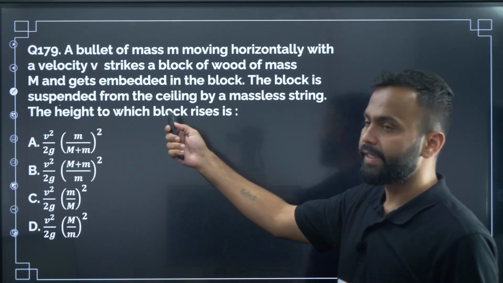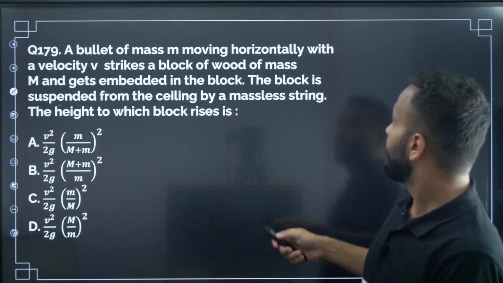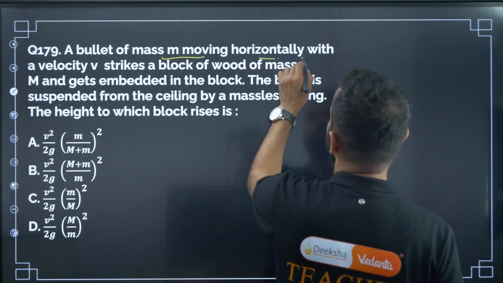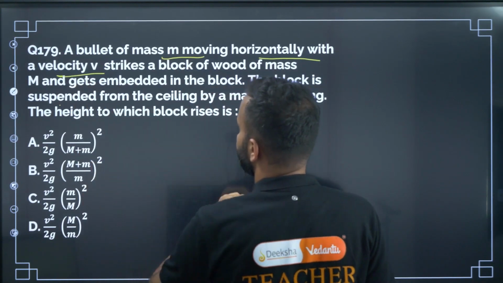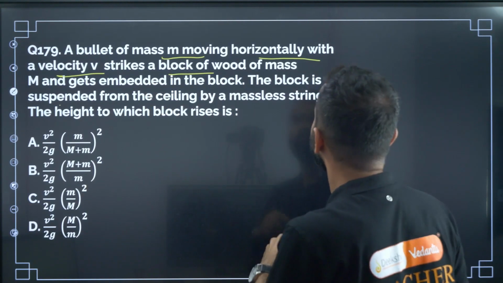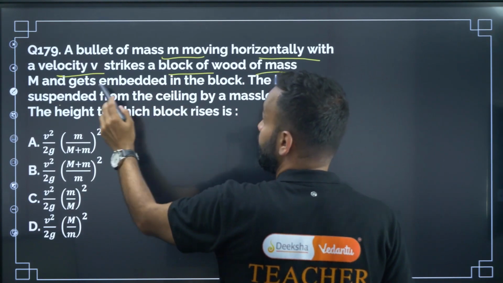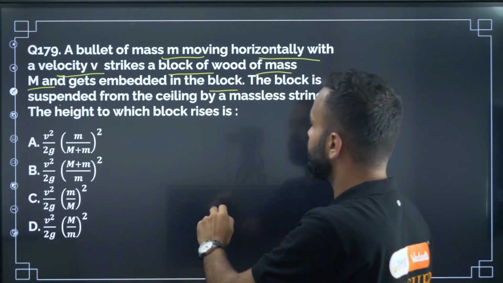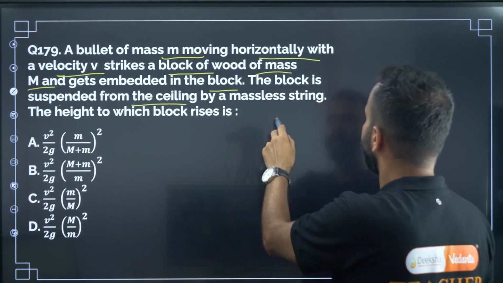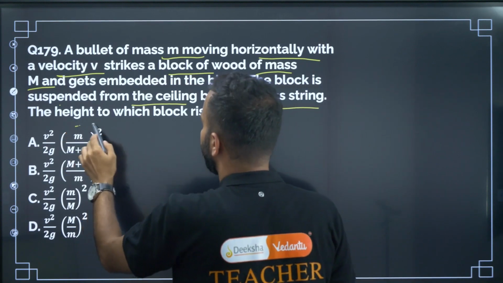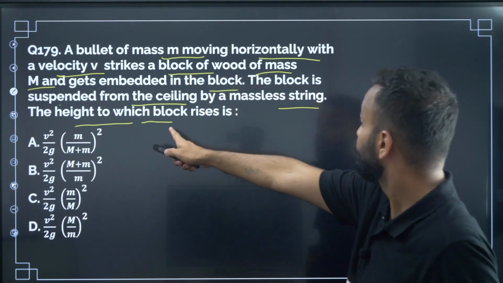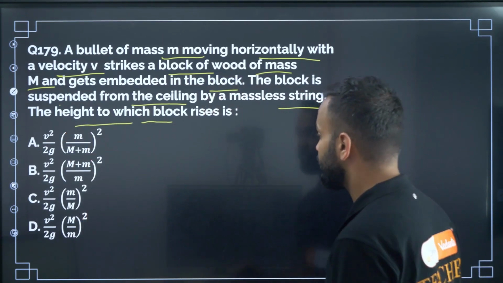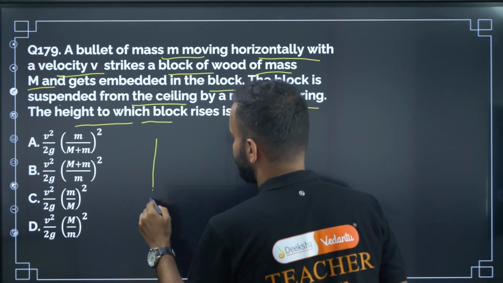Question number 179. A bullet of mass m moving horizontally with velocity v strikes a block of wood of mass capital M and gets embedded in the block. The block is suspended from the ceiling by a massless string. The height to which the block rises is? So let us visualize the situation.